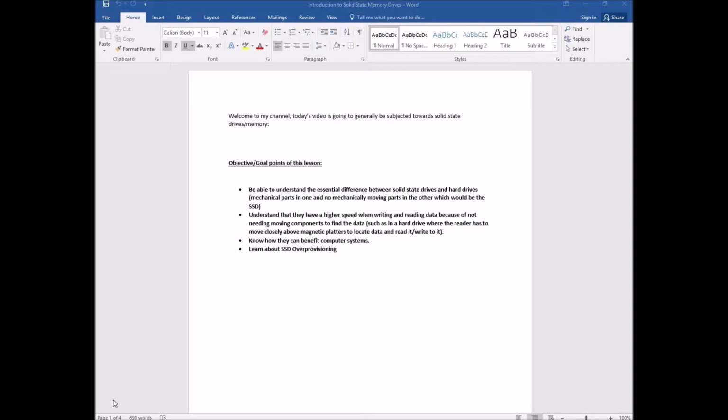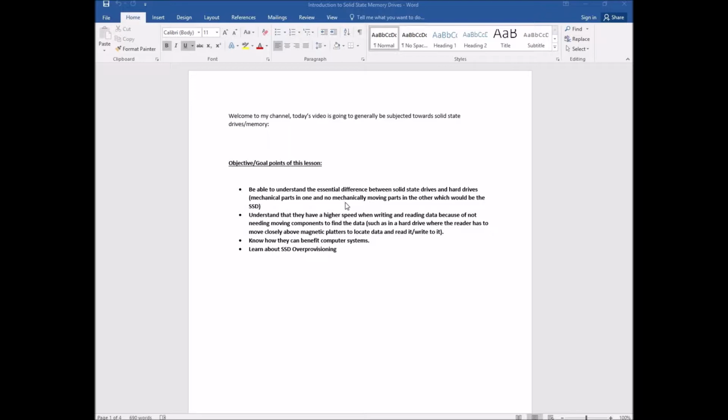Okay, so we have a couple of objectives and goal points which we want to cover within this lesson pertaining to the topic. First is being able to understand the essential difference between solid state drives and hard drives: mechanical parts in one, and no mechanically moving parts in the other, which would be the solid state drive.